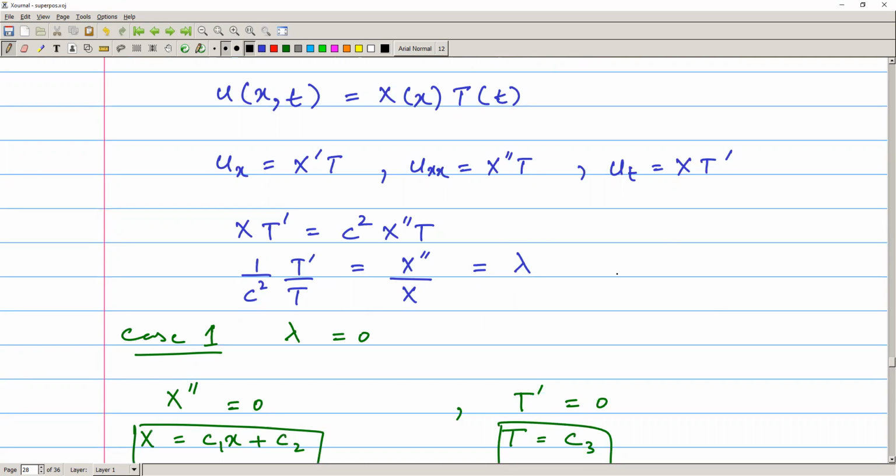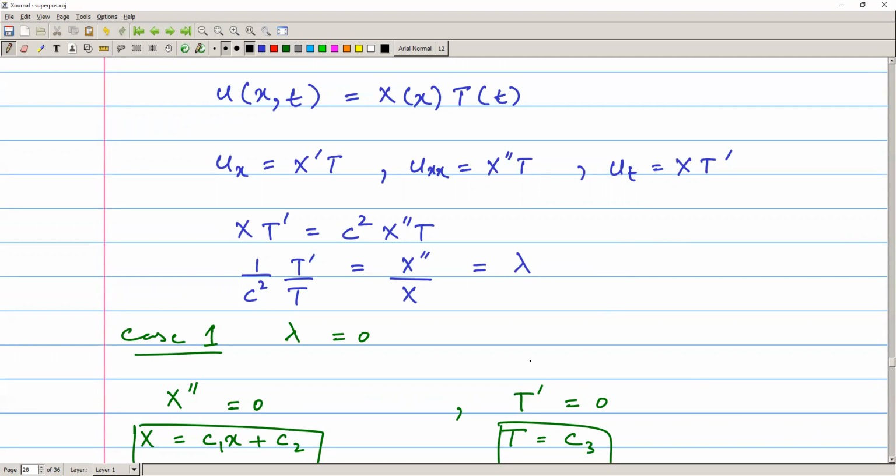In this problem, we don't know whether lambda is 0, positive or negative, so we discuss all three cases in order to get all solutions. Then by using the superposition principle, we can add up all solutions and generate a general solution for the heat equation, right?